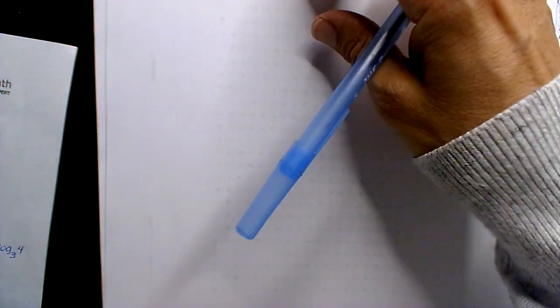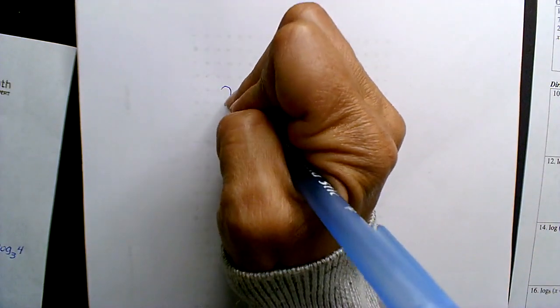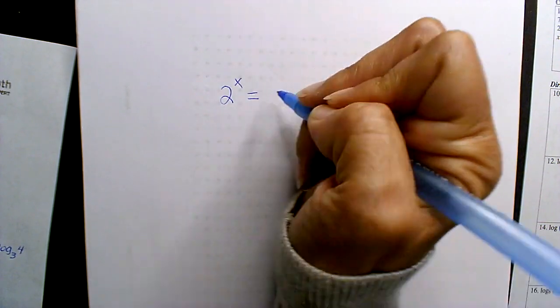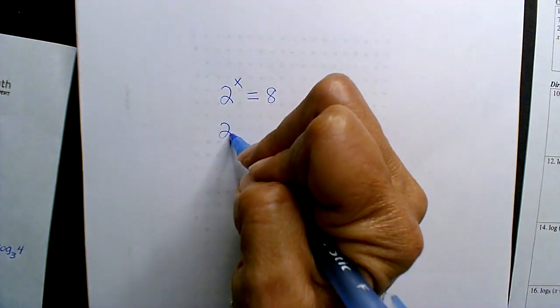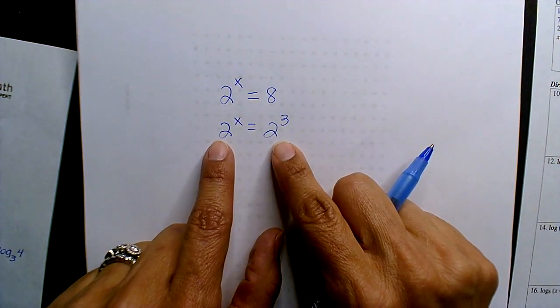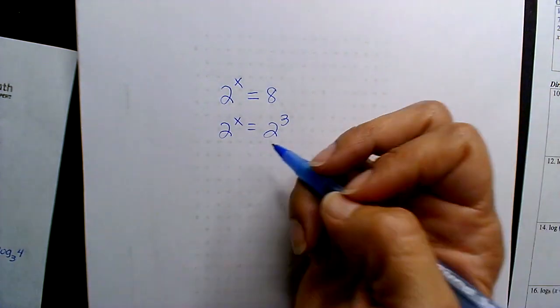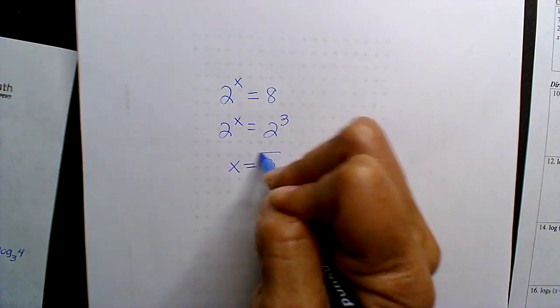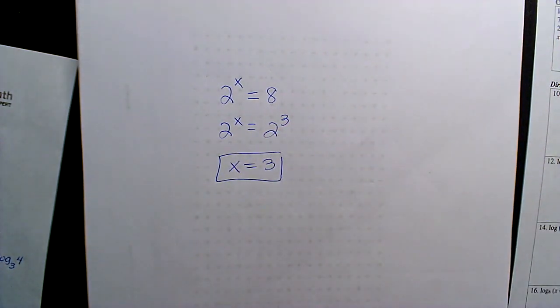Like the retest you guys had and the quiz you had yesterday, if you have 2 to the x and you have 8, this is 2 to the x, this is 2 cubed, and so basically it says if your bases are identical, you can make an equation of your exponents. Logs and exponents are inverse relationships, they're inverse functions, and so their properties are the same way.